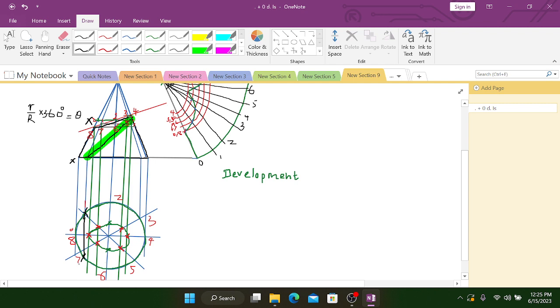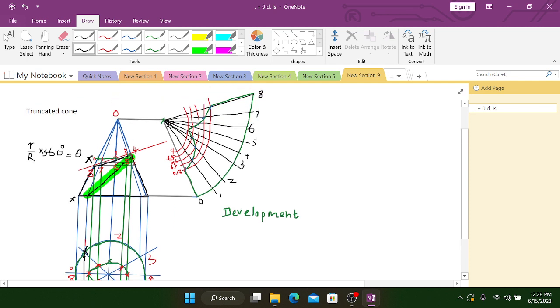So how to find? I already told you, we already divided this circle into 8 equal parts. Those elements, in blue color, I have already projected upwards. From that projection, the connection of these blue lines to the apex cuts at this point and here and the same here.